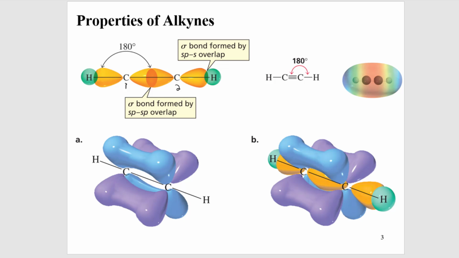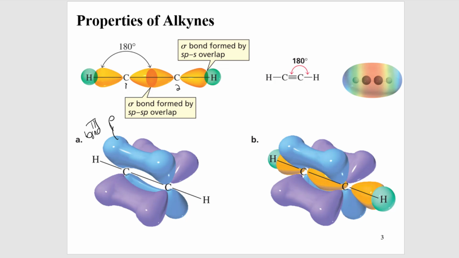Then the first pi bond that you're going to use is going to use non-hybridized p orbitals. Let's say that those are the ones in blue. We're already sharing and overlapping those parallel p orbitals to make the pi bond, right? The pi bond uses those unhybridized p orbitals.